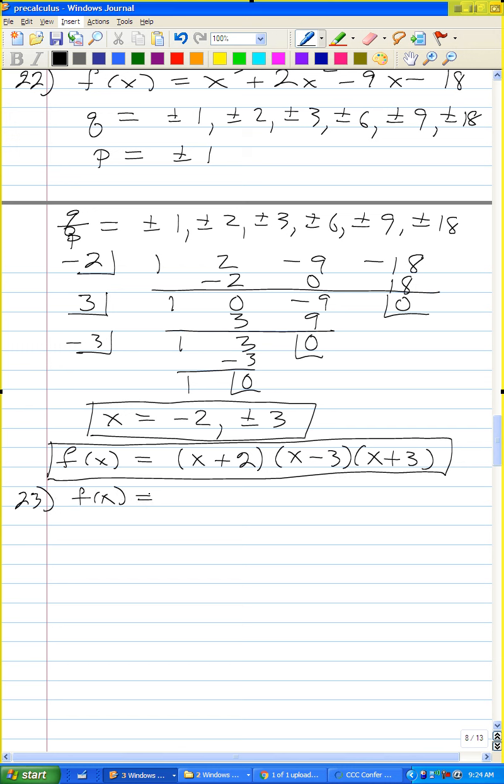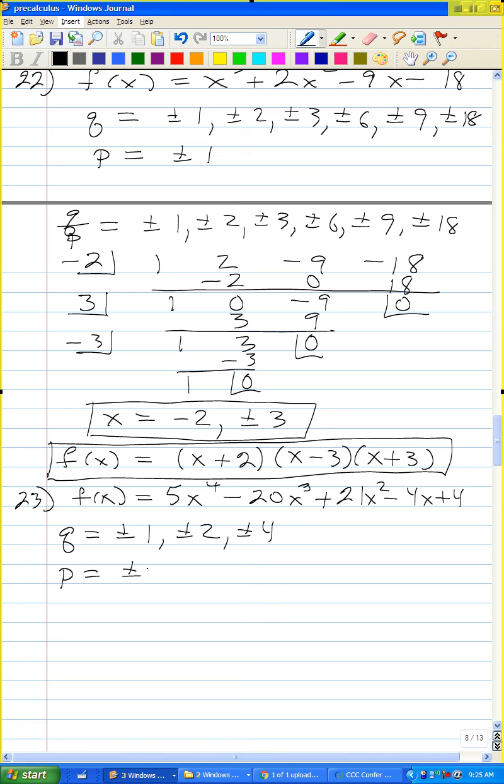And so 5x to the 4 minus 20x cubed plus 21x squared minus 4x plus 4. Okay, so let's figure out what q is. The factors of 4 are 1, 2, 4.